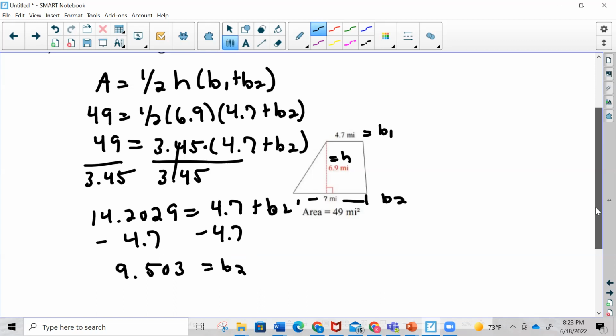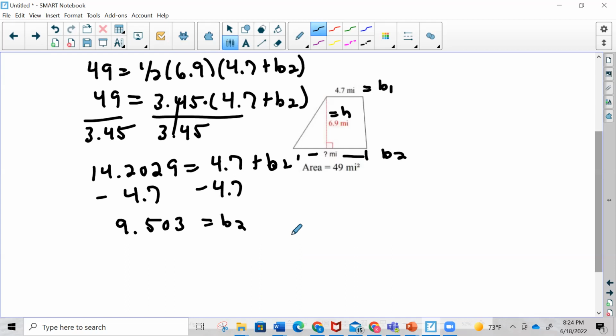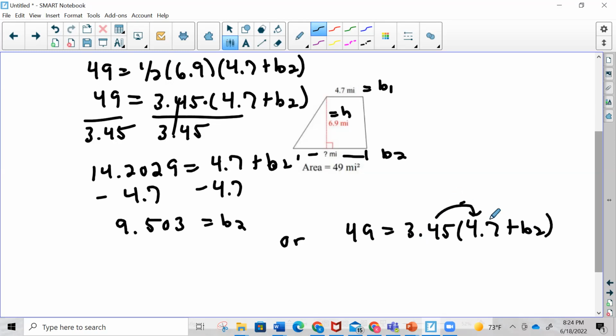Now the other way: if I go back to that step, we have 49 equals 3.45 times the quantity 4.7 plus B2. If you don't think to divide, you could also use the distributive property and distribute it to both. So you do 3.45 times 4.7, which is 16.215.